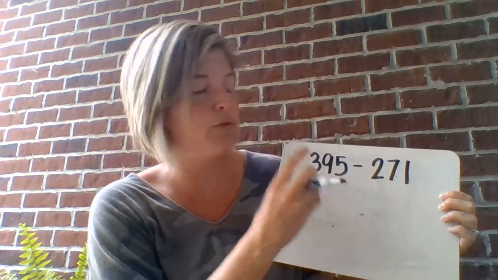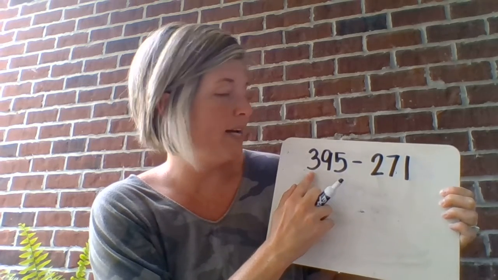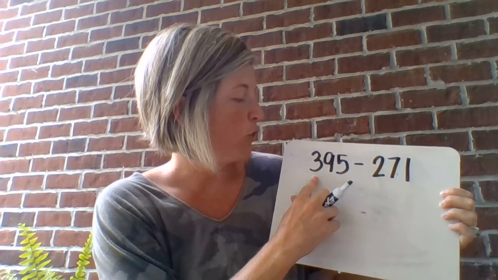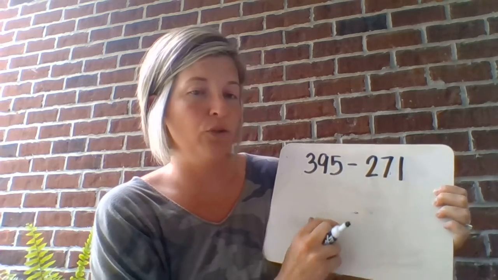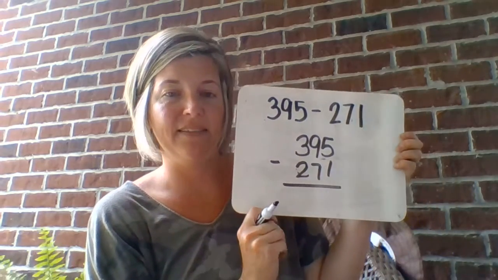This is a 2 and this is a 3. So which number is going to go on top? The one that has the larger number in that place. So 395 is greater than 271, so it will go on top. And we look like this.